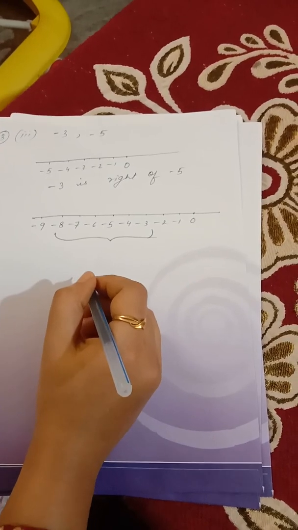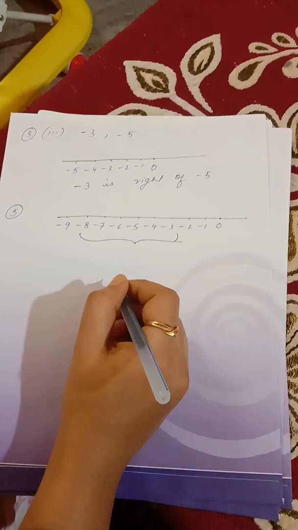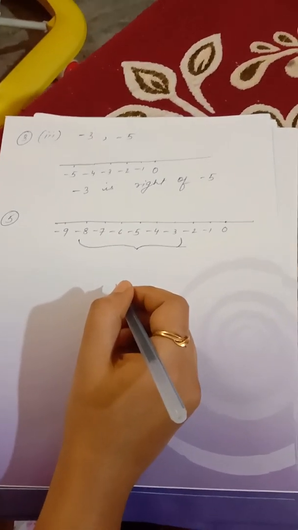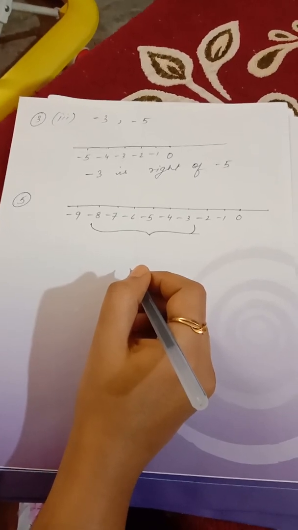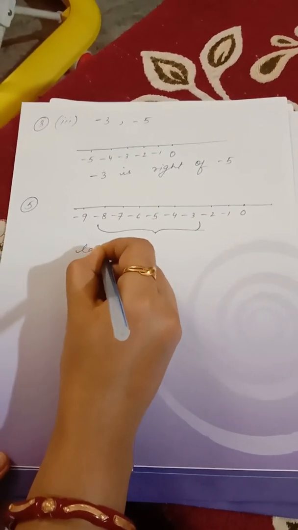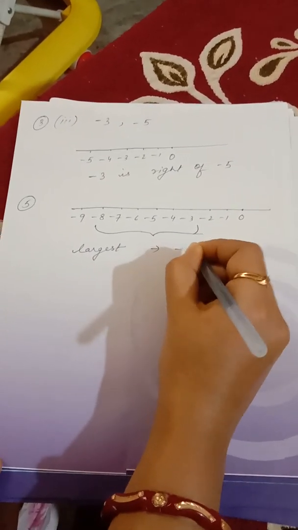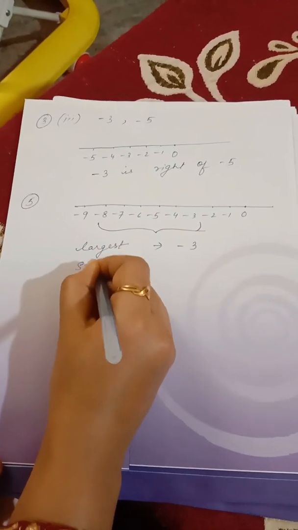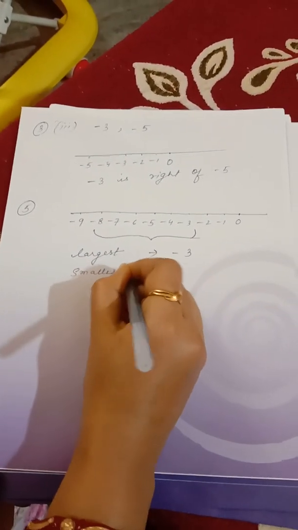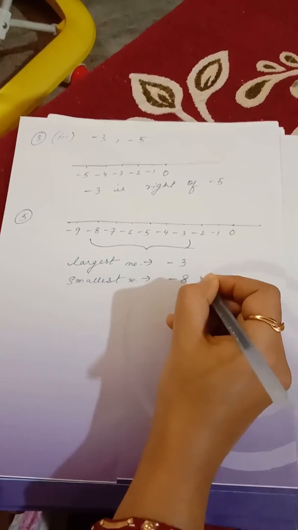Now, which is the largest among them? You know that going left for negative numbers, you will get the smaller. So the largest number will be -3, and the smallest number will be -8.